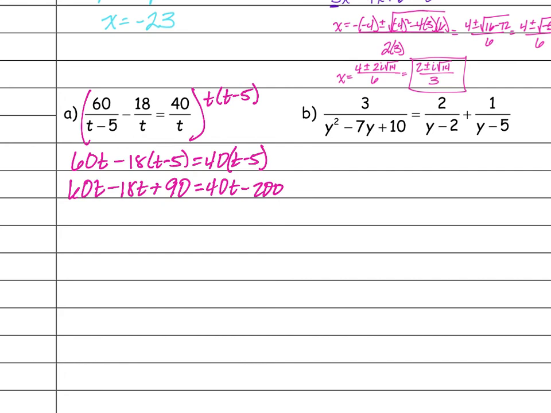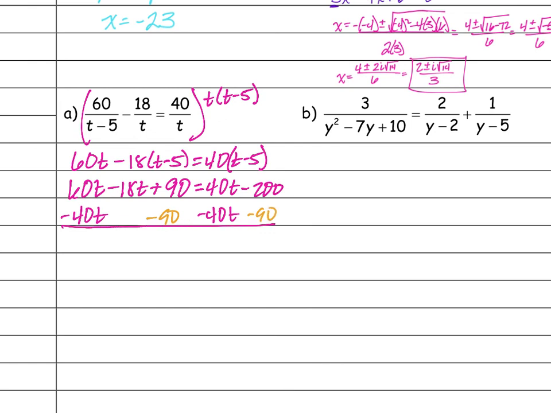I realized I put plus 18t instead of minus 18t. So then I'm going to subtract 40t, and subtract 90.